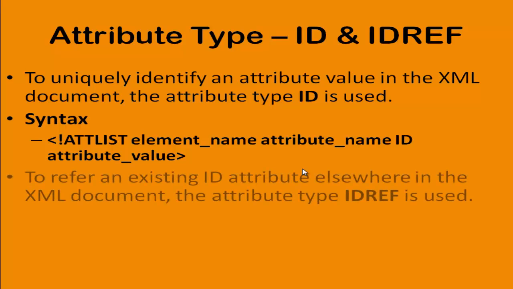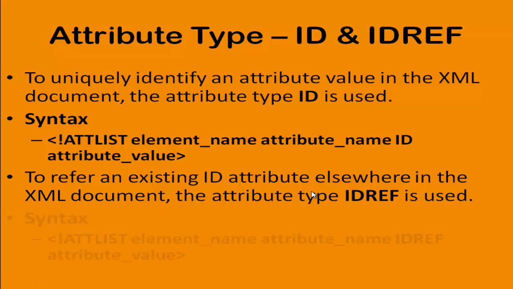And what is IDREF? If we have an ID attribute, this IDREF attribute is useful for referring to an existing ID attribute. Consider I'm having two ID attributes. With the help of this IDREF attribute, I can refer to any one of those ID attributes. The syntax is just similar to the previous one.